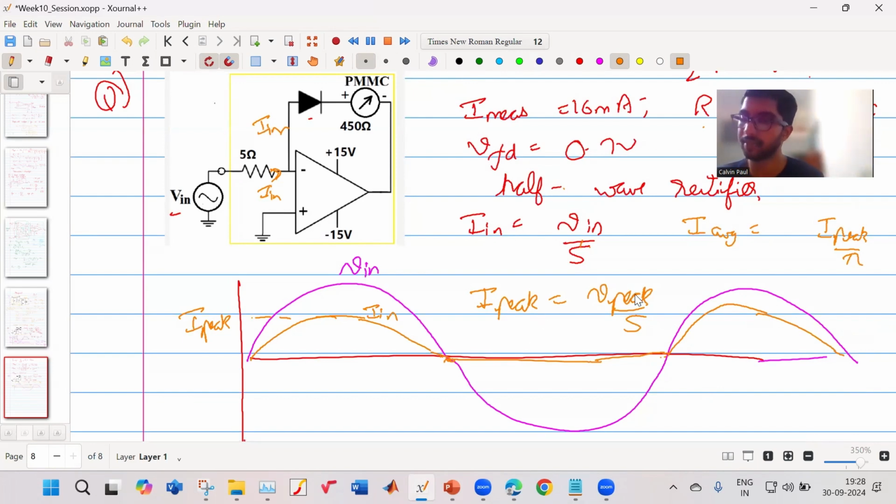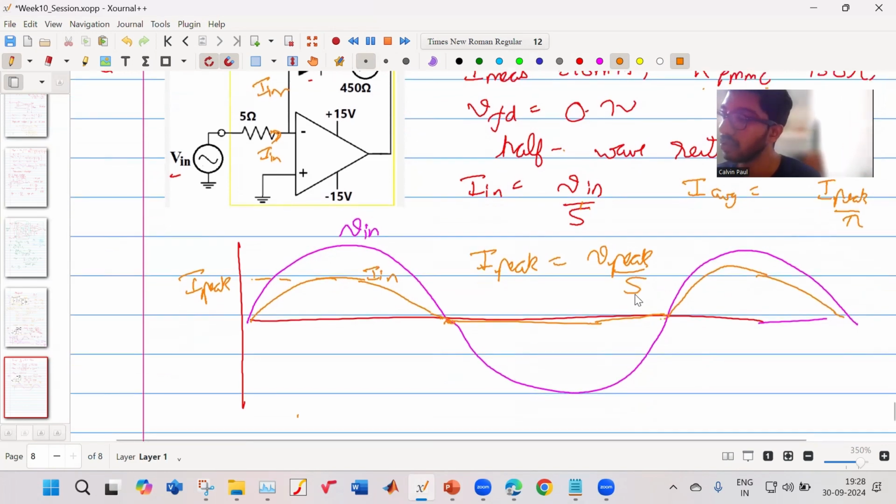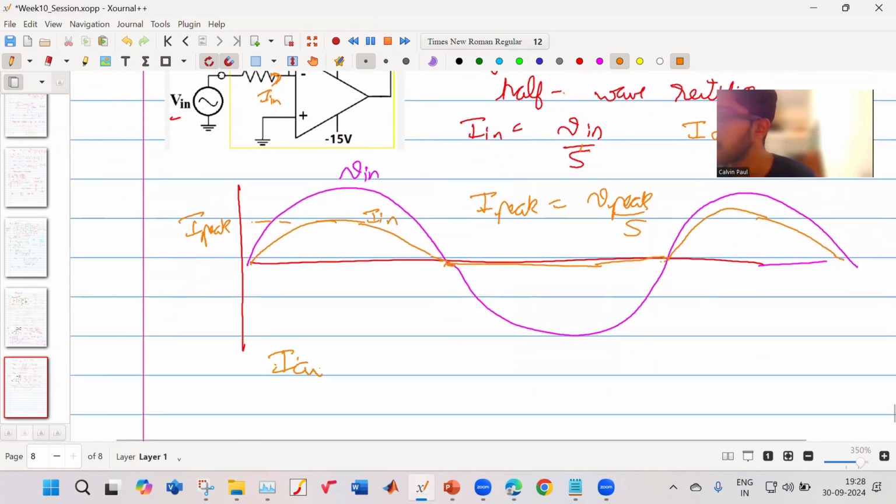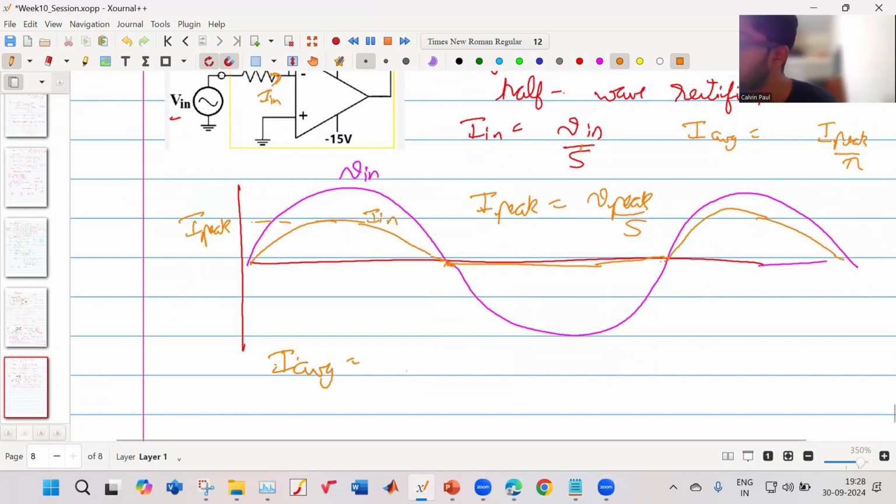Similar thing to what we did last time. So your I average is equal to V peak upon 5 into pi, and this is equal to root 2 into VRMS upon 5 into pi.